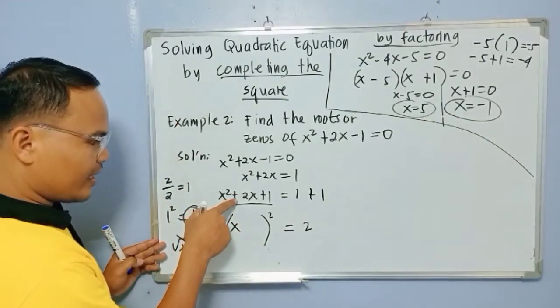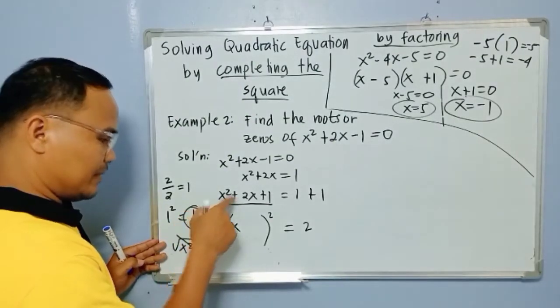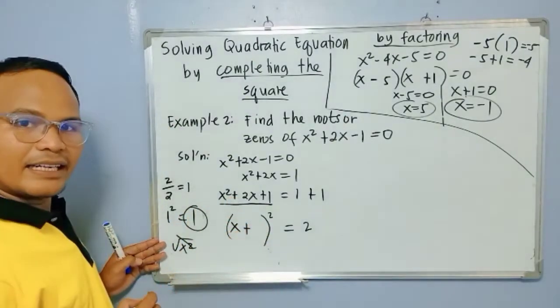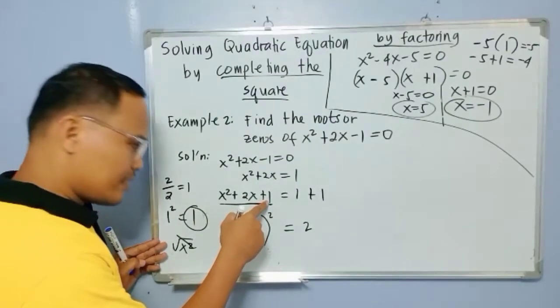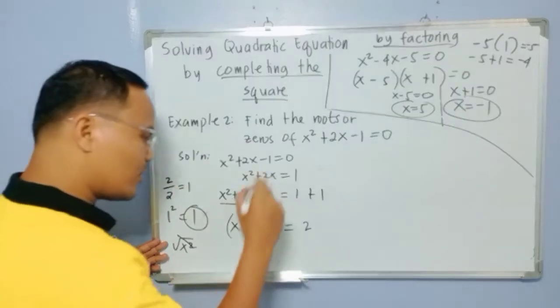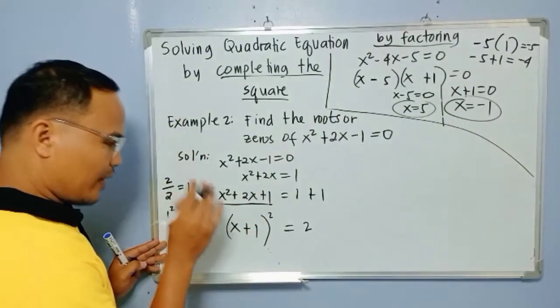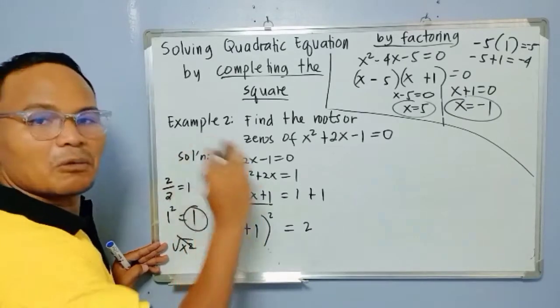Then what is the sign after the first term? That's plus. Then get the square root of the constant term. Our constant term is 1. The square root of 1 is 1. So x squared plus 2x plus 1 is the same as the quantity x plus 1 squared.